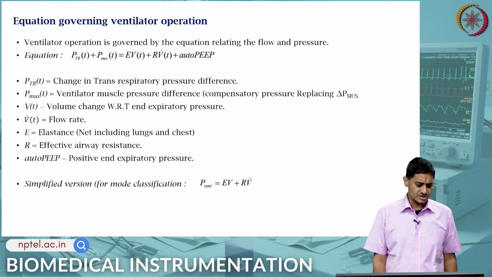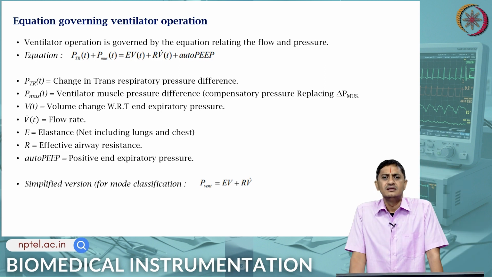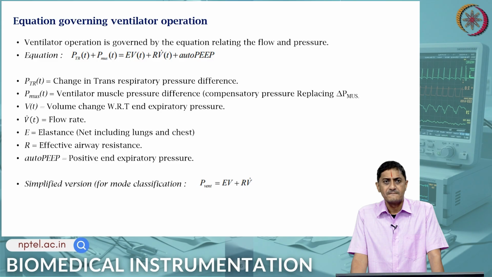What is the equation that governs ventilator operation? This is the equation. The ventilator operation is governed by this equation, which is essentially PTR plus P muzzle, the trans-respiratory pressure difference plus the ventilator muzzle pressure.